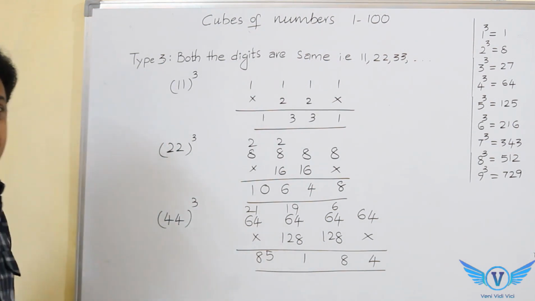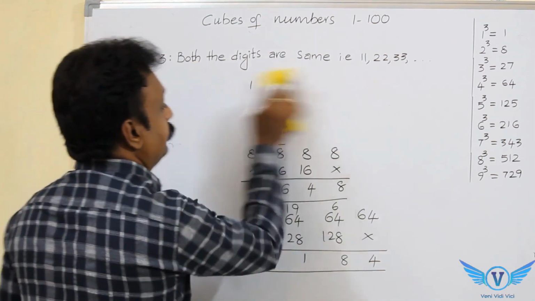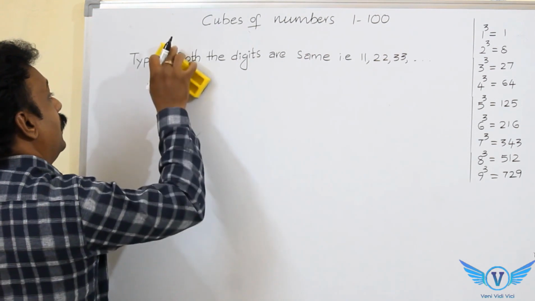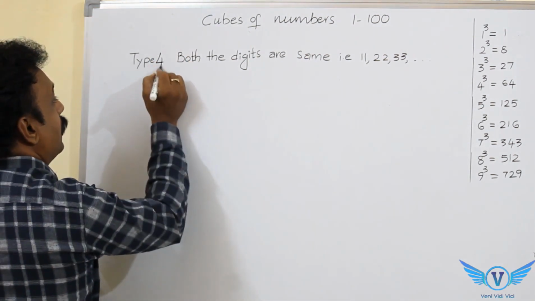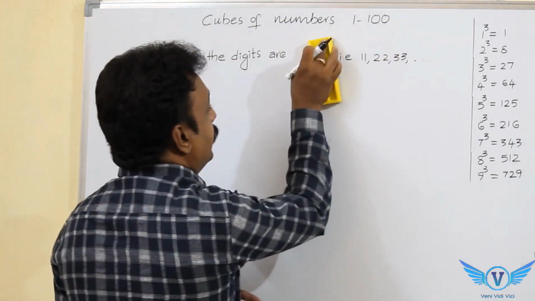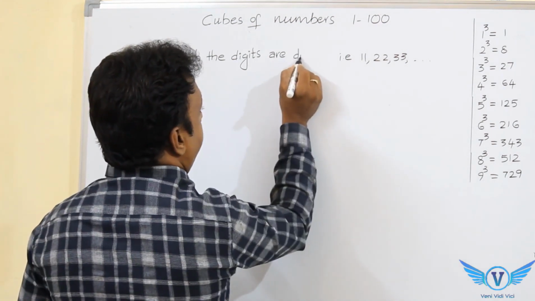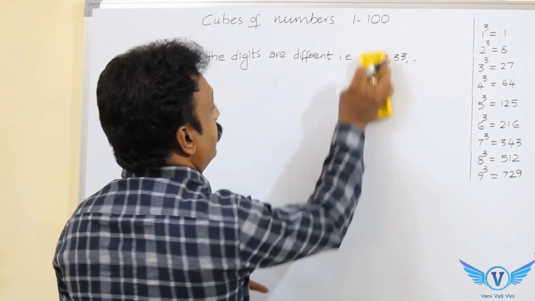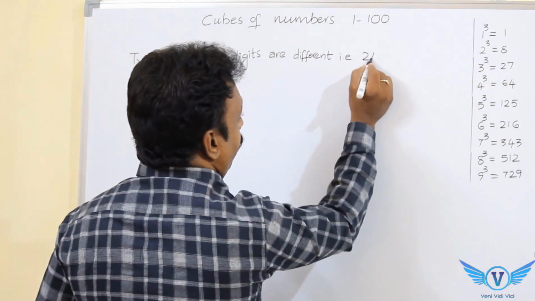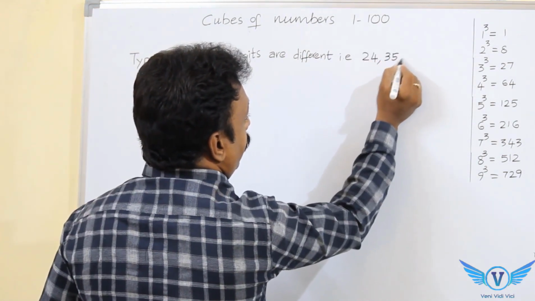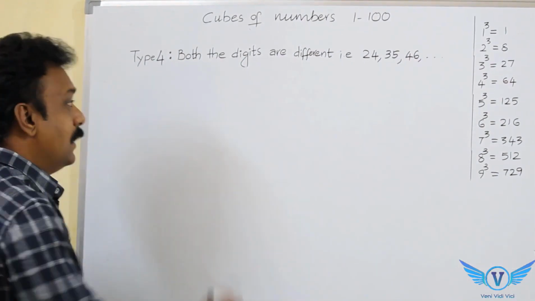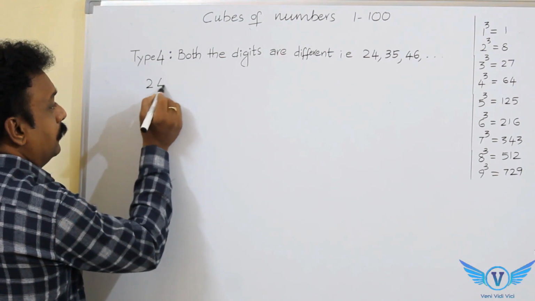Now let us go for the fourth type. Type 4. Both the digits are different. That is, numbers like 24, 35, 46, such numbers. Let us find 24 cube.